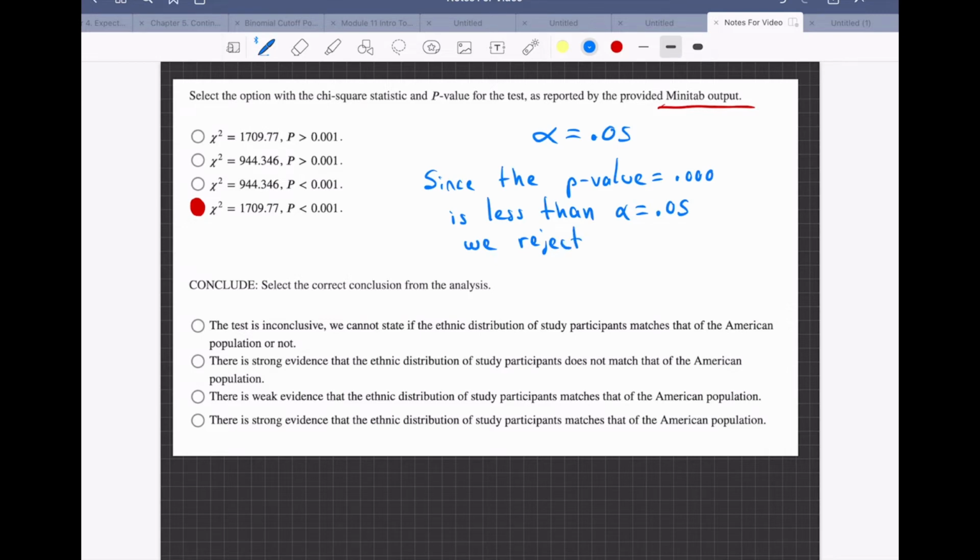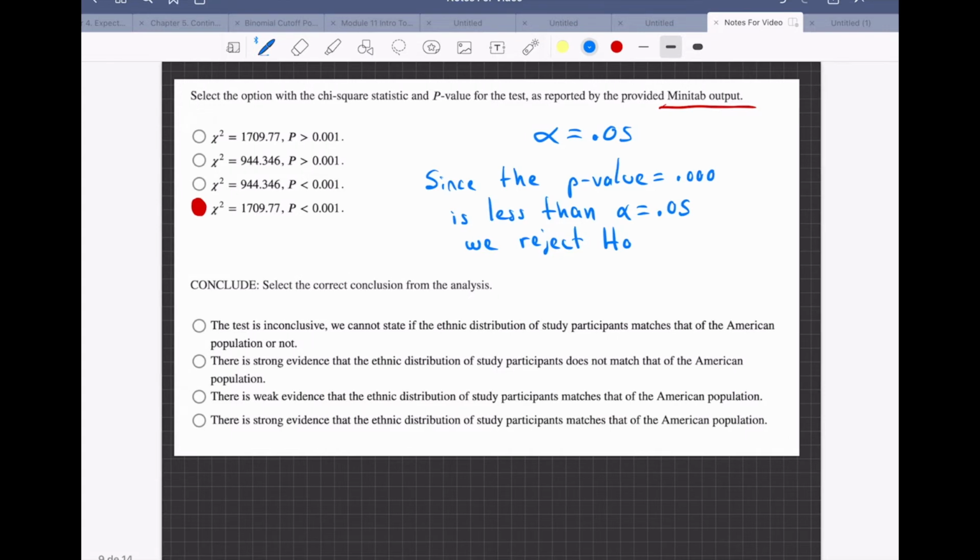Again, I'm sorry if I repeat this many times, but I think it's important that you keep this in your mind. If the p-value is less than alpha, reject H null.